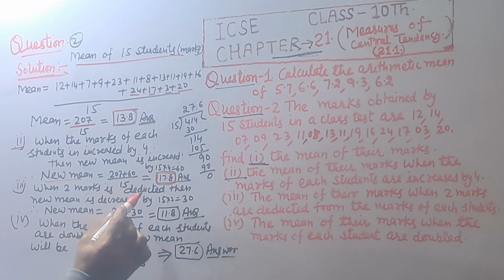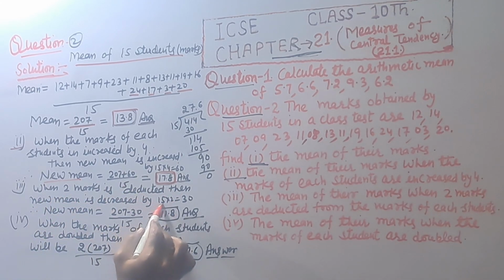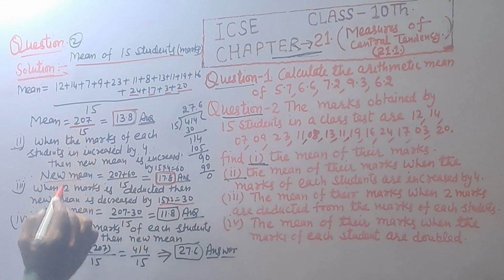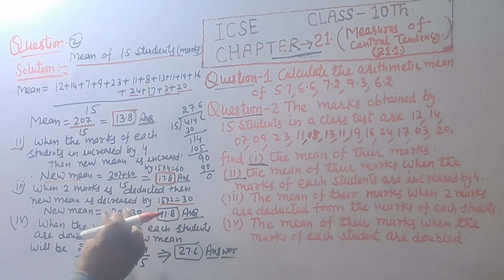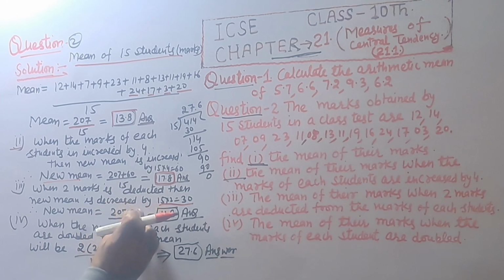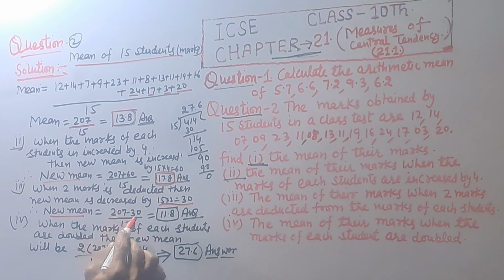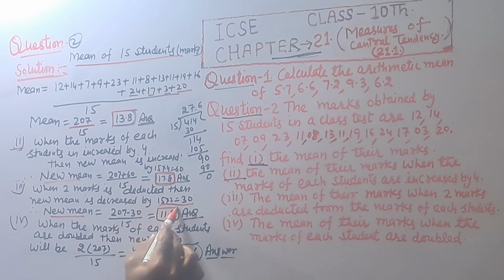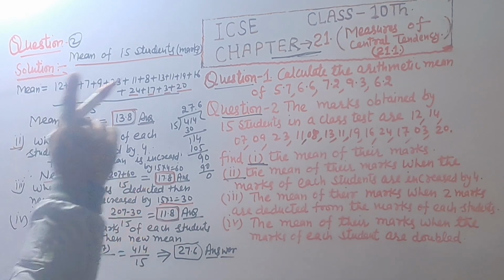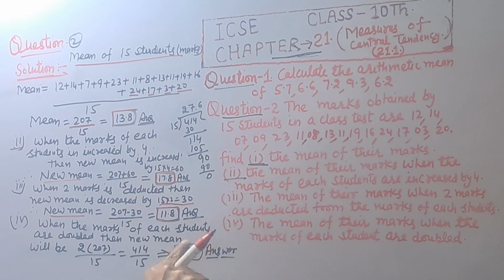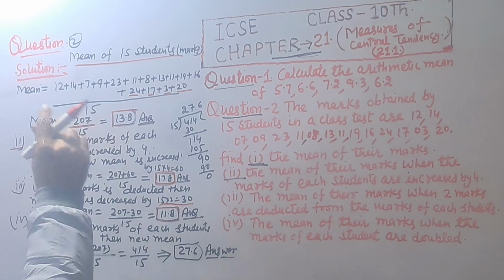And when 2 marks is deducted, then new mean is decreased by 30, that is 207 minus 30 divided by 15. So new mean is equal to 11.8. Answer.